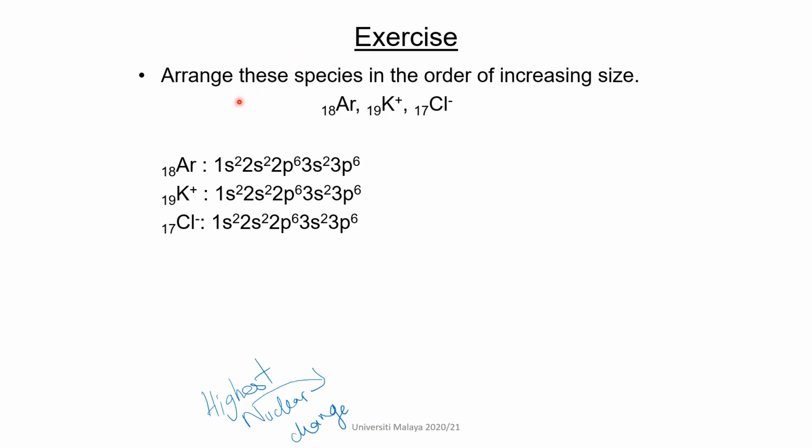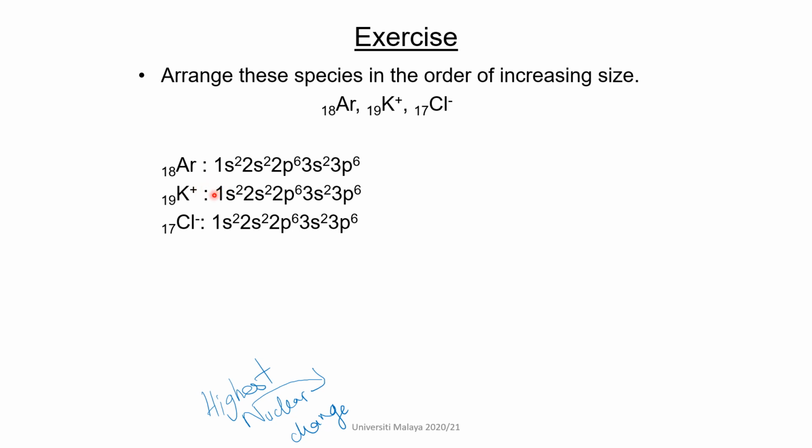Here's another exercise. Arrange these species in the order of increasing size. You have argon, the potassium cation, and the chloride anion. First, you have to get the electronic configuration for all these ions or atoms.